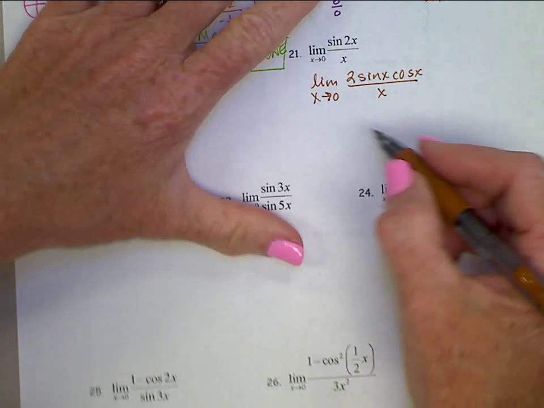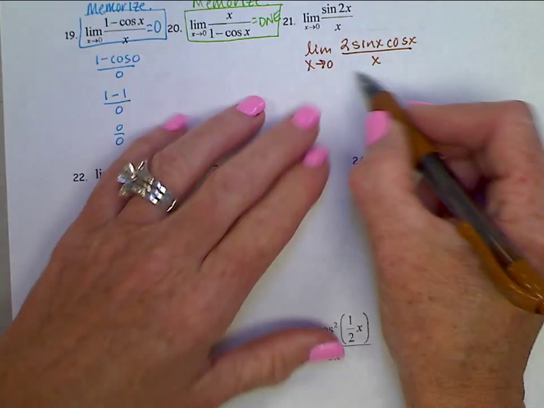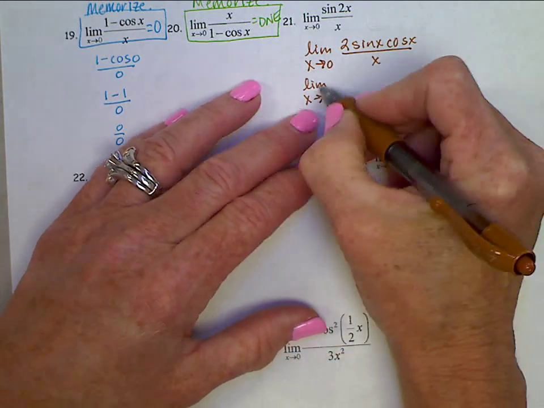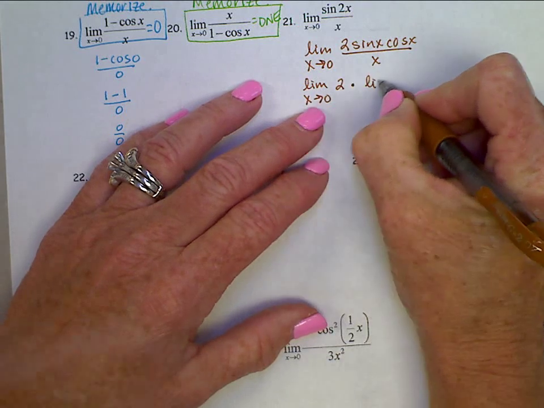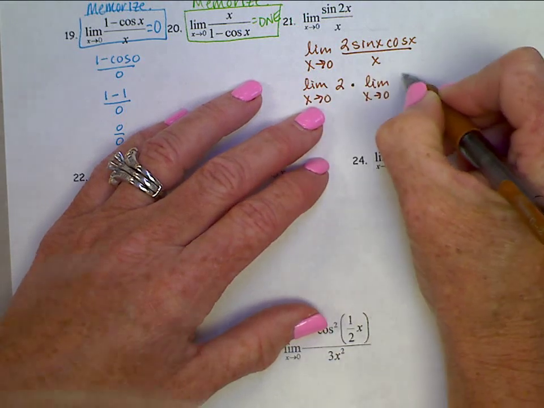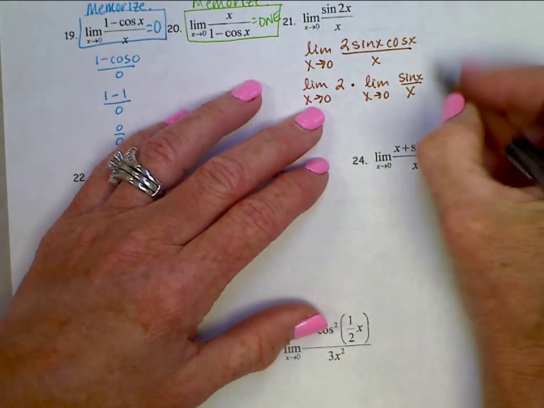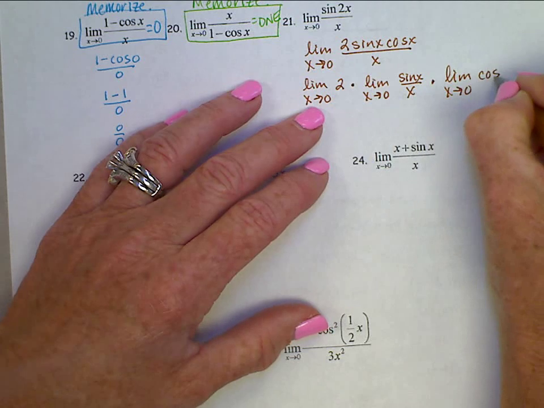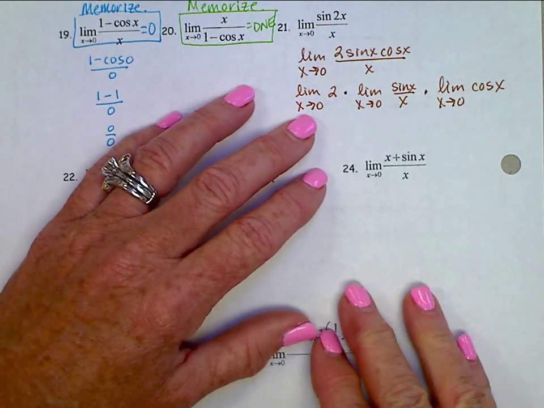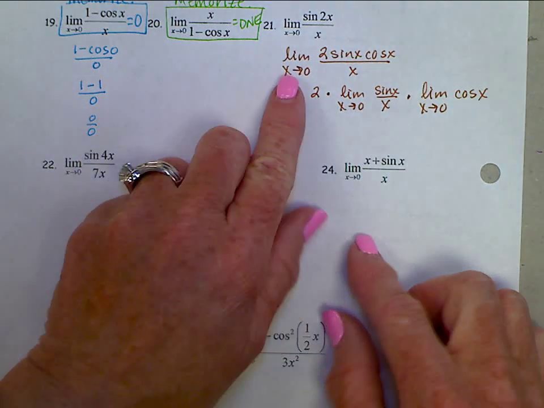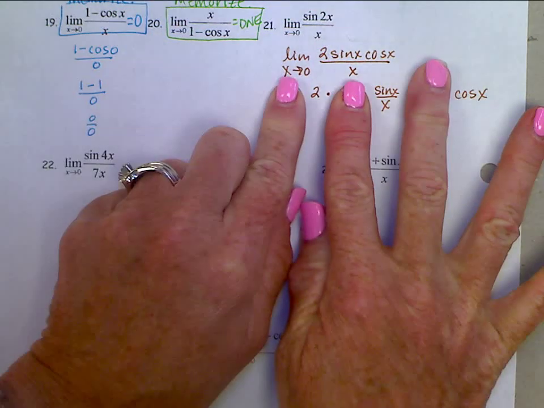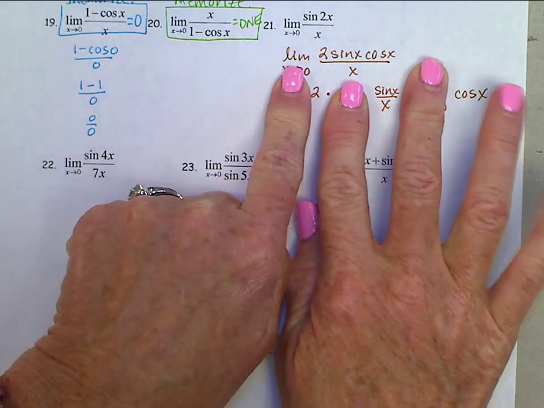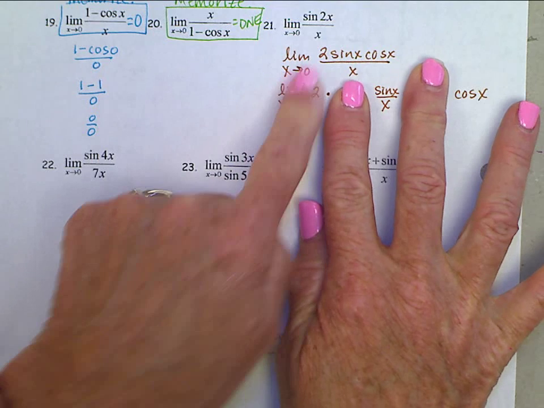And then we know we can separate this limit over the product, so let me separate this as the limit as x approaches 0 of 2 times the limit as x approaches 0 of sine x over x times the limit as x approaches 0 of cosine x. And to verify in your mind that that is the same thing when we multiply, let me cover up all these limit pieces here. And can you see 2 times sine x over x times this cosine x over here? That will give us exactly what we started with.